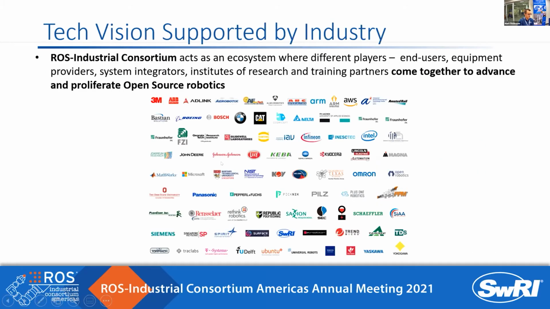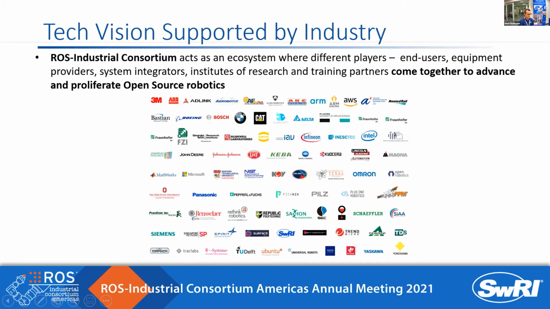This is a recently updated map. We talk a little bit about some of the membership. The key is that the consortium serves as an ecosystem, and the cool thing is we have a great array of different types of members and constituents that have different needs and use cases.